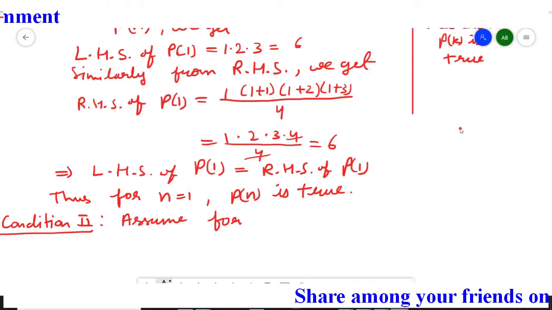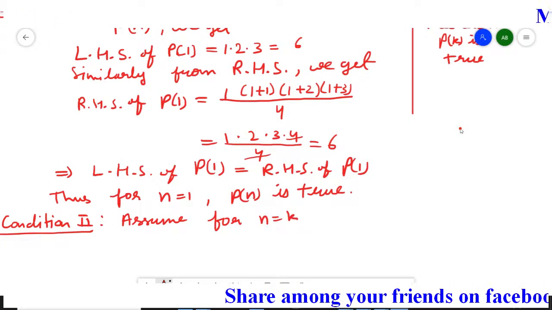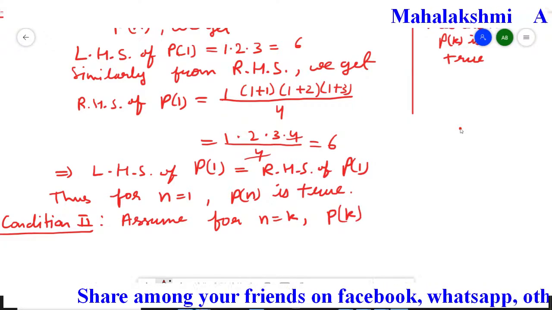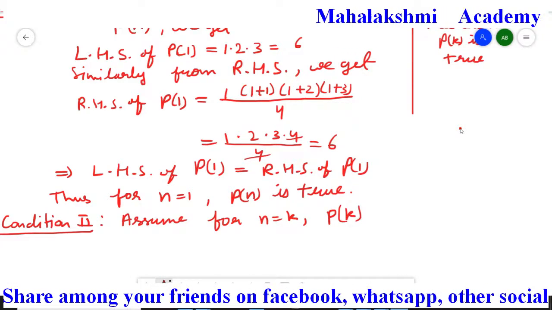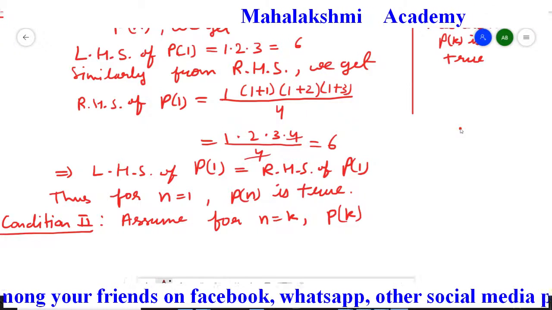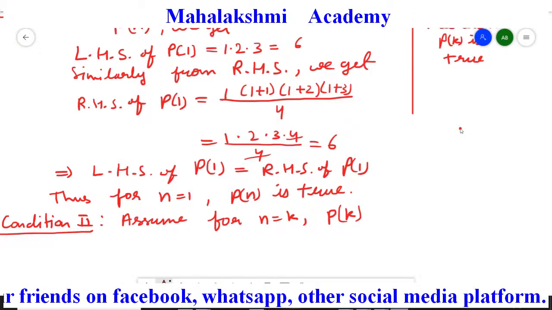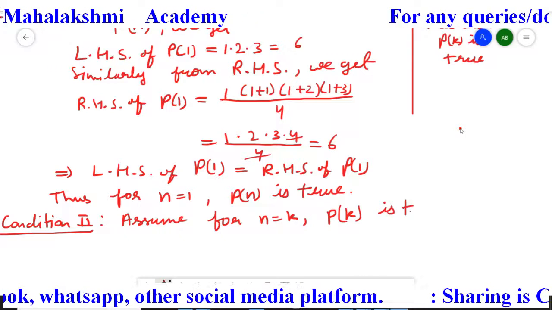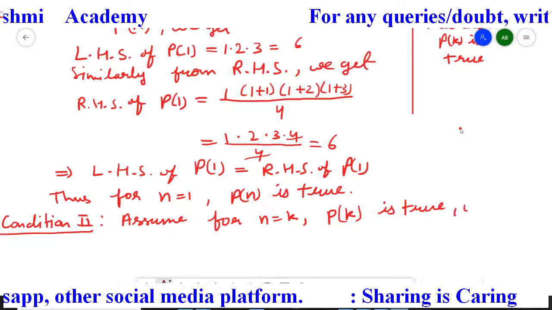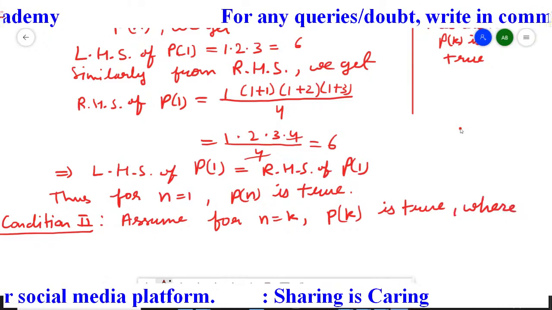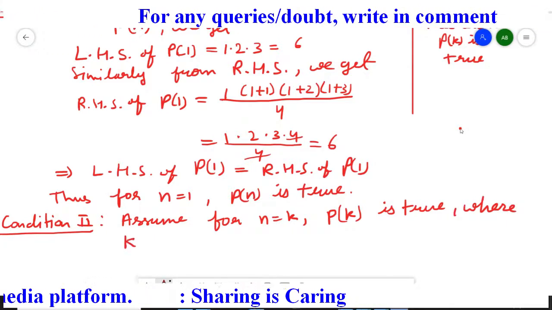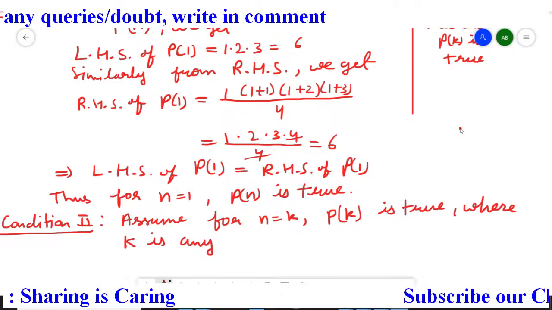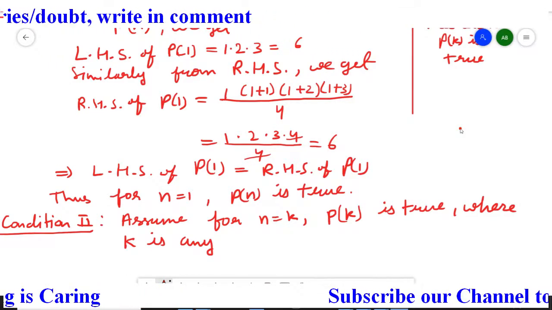So assume for n equal to k, Pk is true, where k is any natural number. You can either write natural number or positive integers.